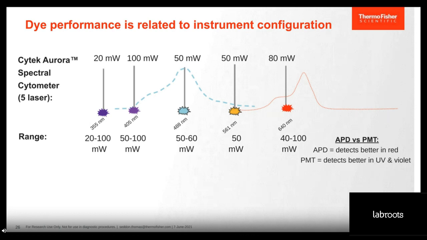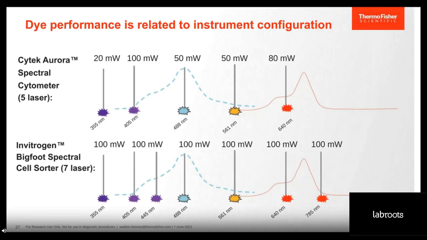So when you're designing for, say, 2 different instruments, for instance the Bigfoot spectral sorter, it's a very different setup. Designing to limit cross-excitation and also brightness can affect this process.